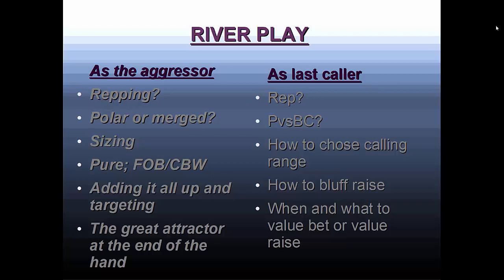Also, by the time we're talking about river play, we're going to also be talking about how to construct our ranges on turns and also flops to end up in situations where we have a good river strategy. Especially when we have managed to set up a polar versus bluff catcher situation and put our opponent in the vice.